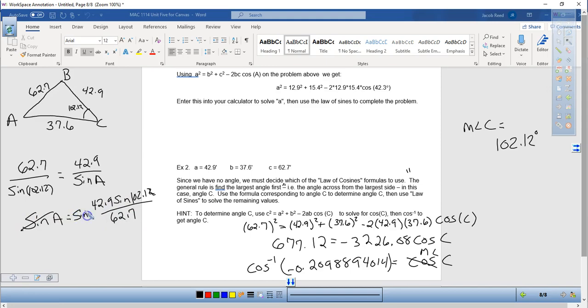Sine inverse, so measure of angle A, I get 41.99 degrees.